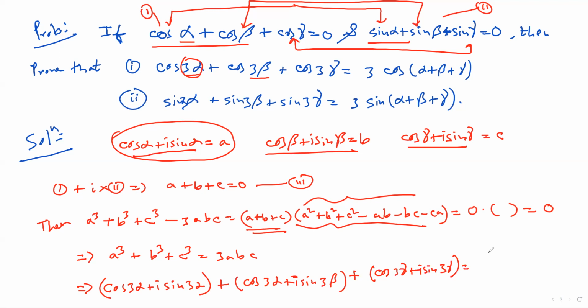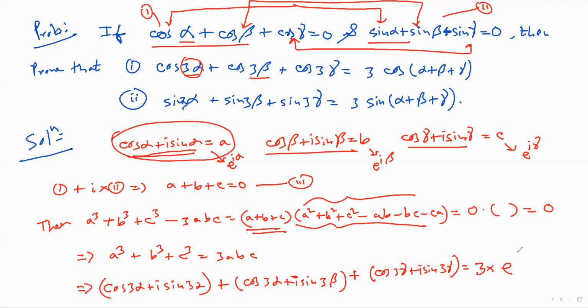So multiply all three of them. This is interesting because you have a 3 here, and instead of multiplying them in the a plus ib form, think of them in polar form. So A is actually nothing but e to the power i alpha. Similarly, B is e to the power i beta, and C is e to the power i gamma.